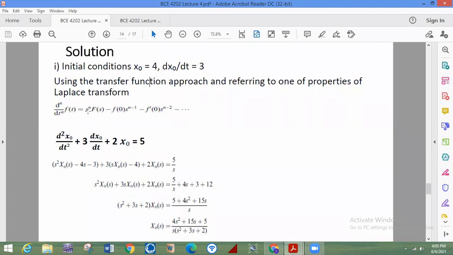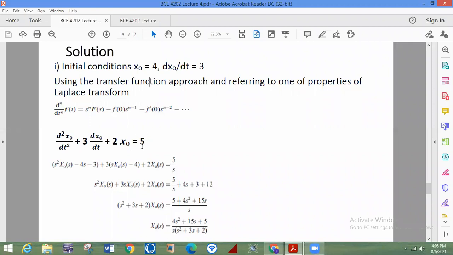So it becomes s to the power 0, it becomes 1. Then this part is clearly a Laplace transform of our function, which will be X naught of s. Then we have as well successfully applied our property in this component of a differential equation.